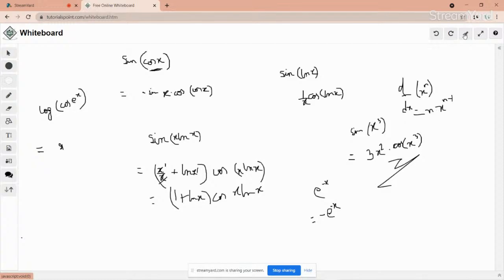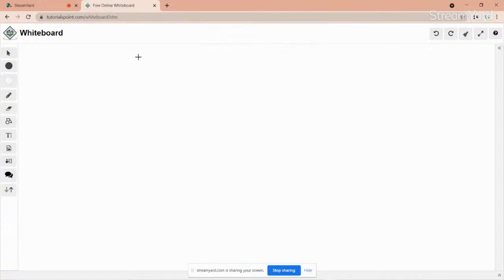Sorry, split by cos e to the power x. This will be e to the power x only, and that will be sine of e to the power x.